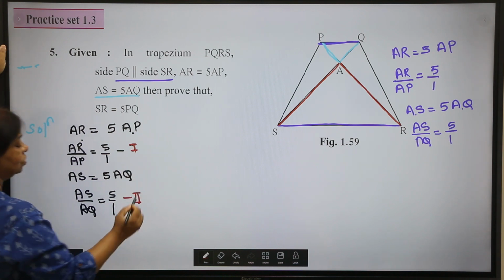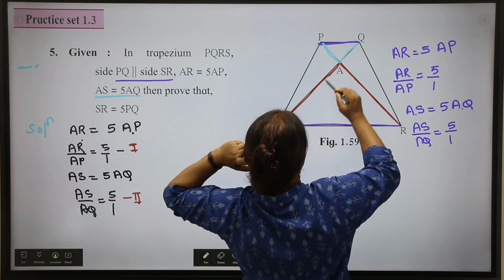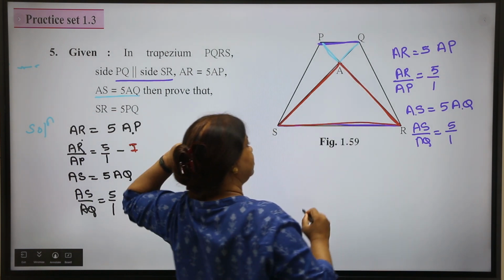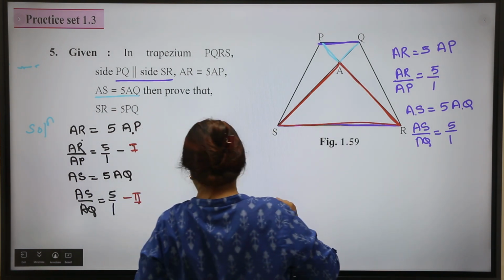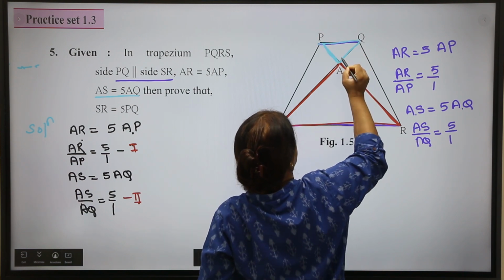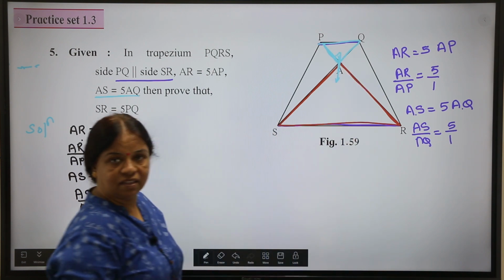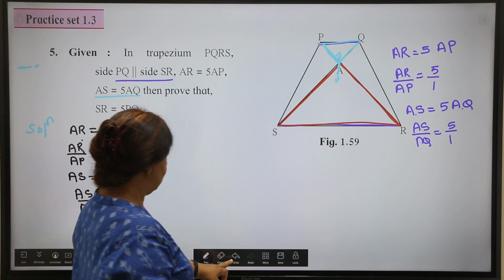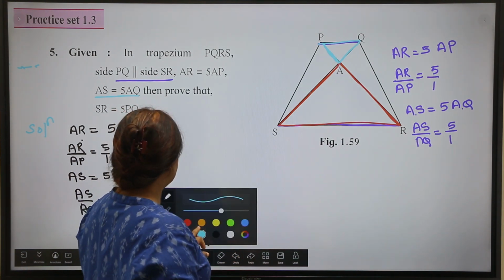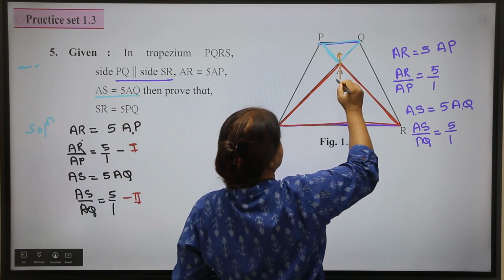is as 2. If you go to see, children, the triangle which I have drawn here, red triangle, and a triangle which is light blue in color, this something is vertically opposite to one another. Yes or no? So here it is vertically opposite, we can say, this angle and this angle.